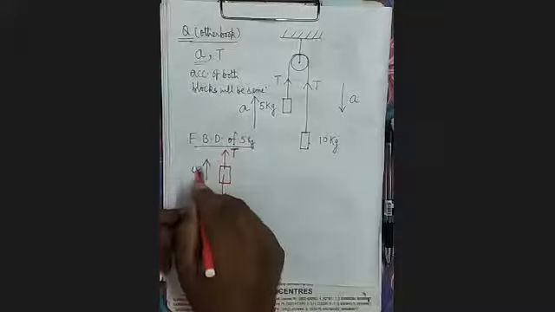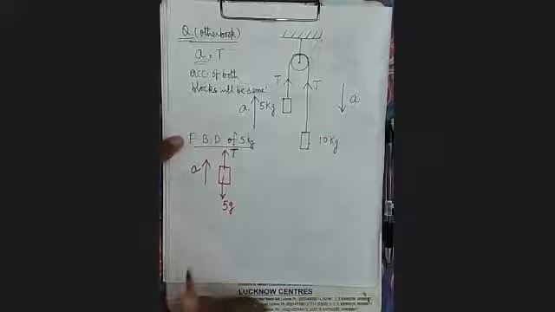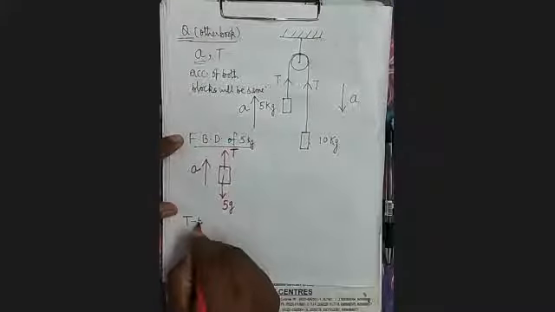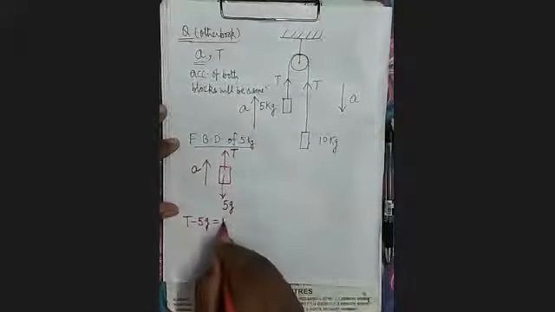It is moving with this acceleration upward. Which force will be bigger? T will be bigger because it is moving upward. So what will be the net force? T minus 5g equals its mass, which is 5, into acceleration a. This is one equation.